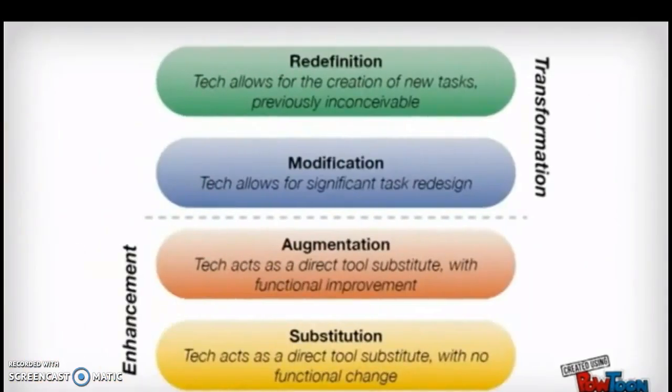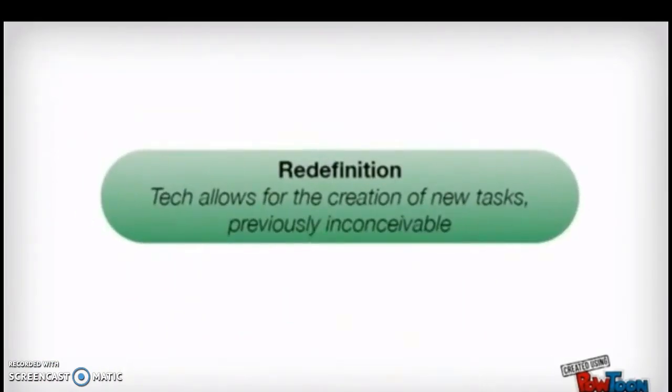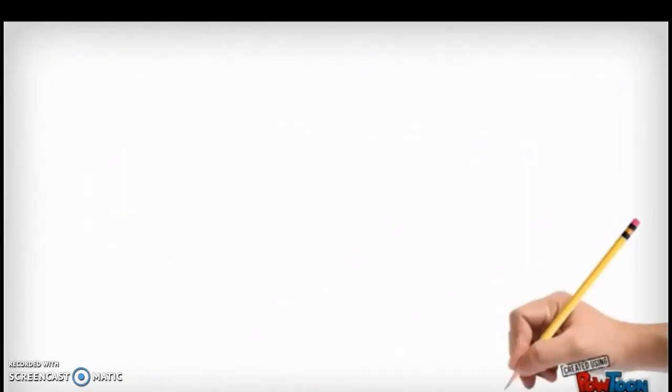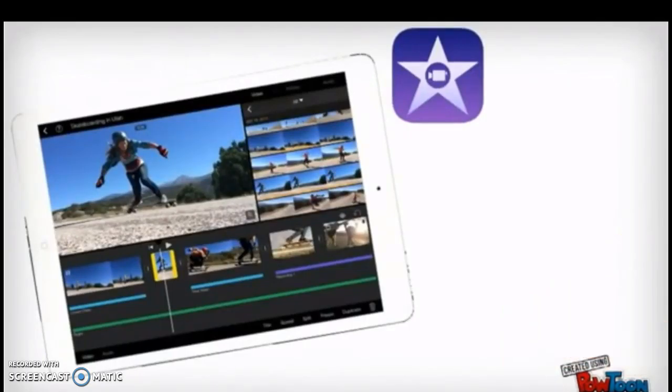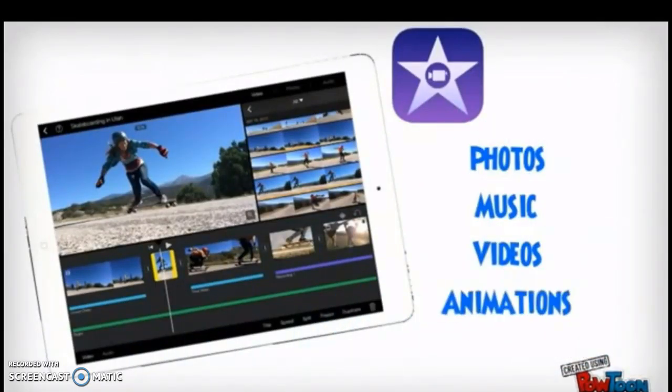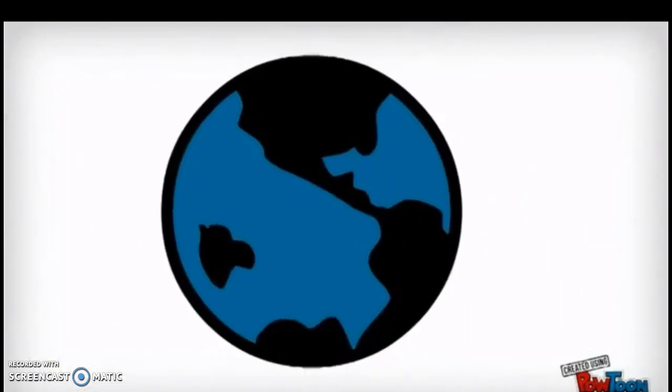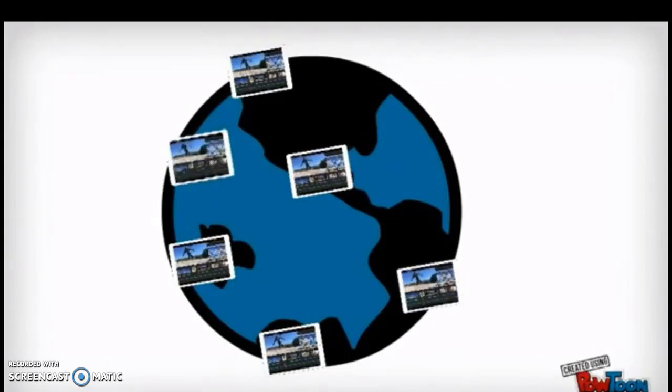The final level and the ultimate goal of technology integration is redefinition. Here, the technology allows for the creation of new tasks that were previously inconceivable. Instead of writing that essay, students could now create and publish a digital storytelling project to argue their writing with multimedia. Plus, just like the blog, through publishing this movie to the world, it allows for other people to comment and analyze their message.